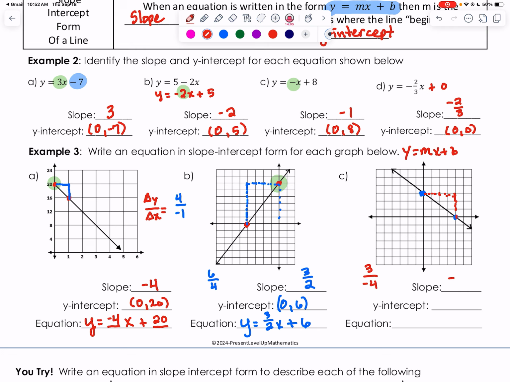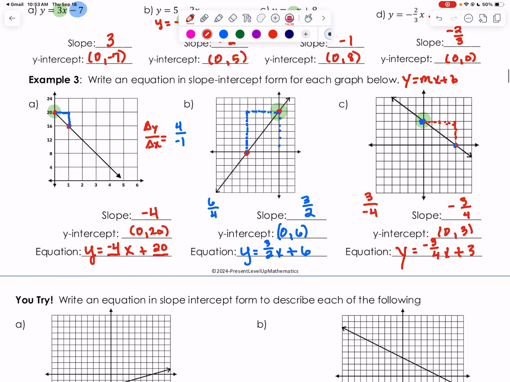So my slope is -3 fourths. The y-intercept of this line was right here at 1, 2, 3. So (0, 3). So my equation was y equals -3 over 4x plus 3.